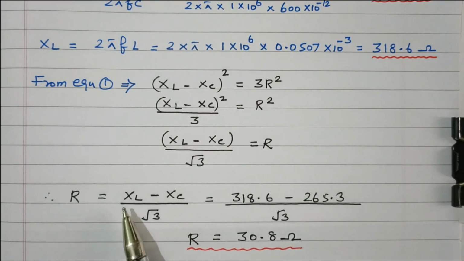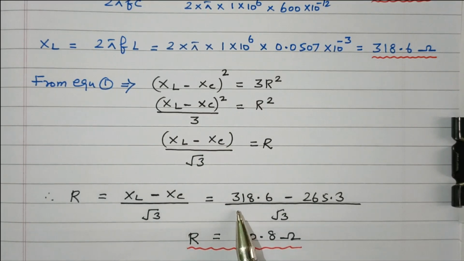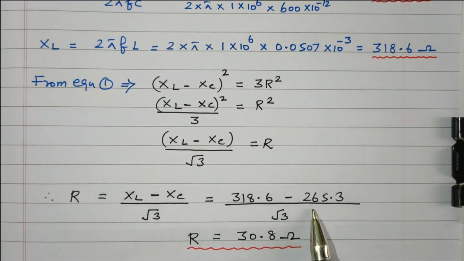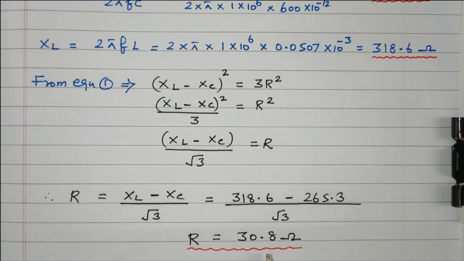So R equal to (XL minus XC) divided by root 3. So XL we calculated 318.6 minus XC 265.3, divided by root 3. While simplifying we got R equal to 30.8 ohm. Now we have calculated the R value.